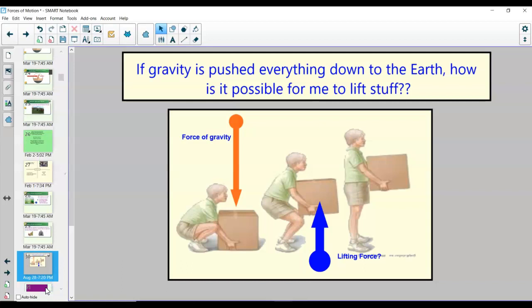So acceleration is inversely related to the mass of the object. So in the blank, write the word mass, because large mass equals small acceleration, small mass equals large acceleration. And then I would like for you to turn the page.